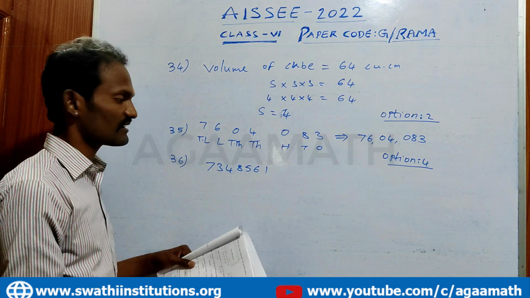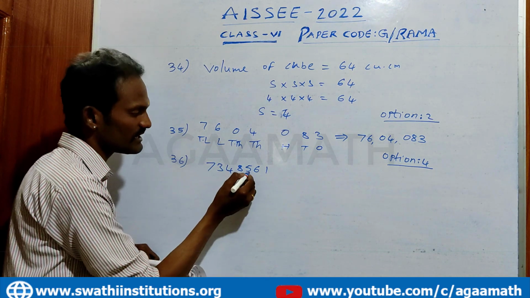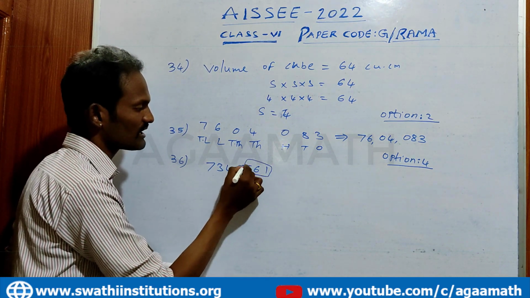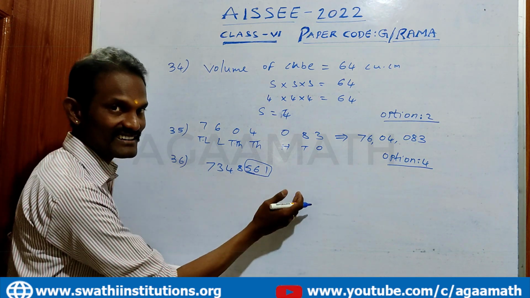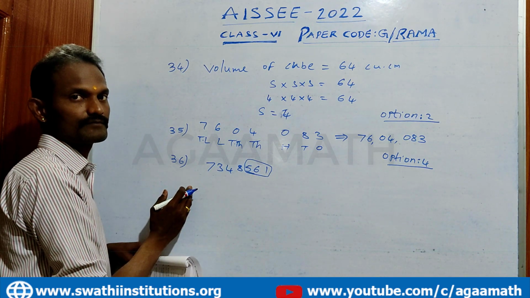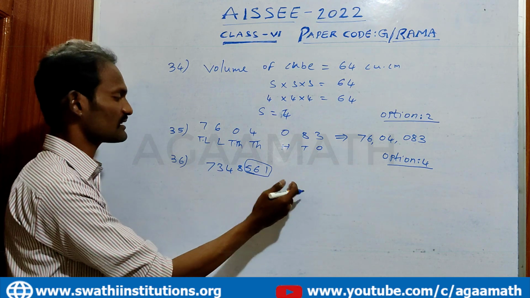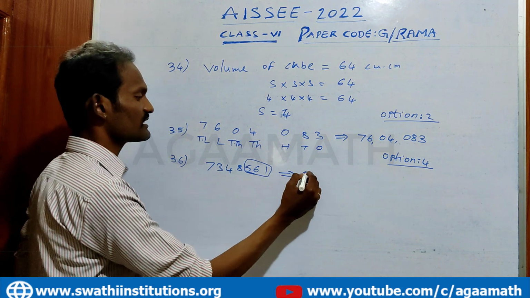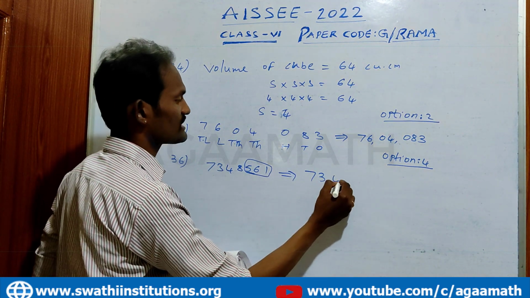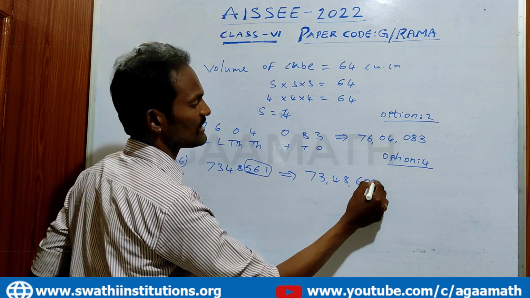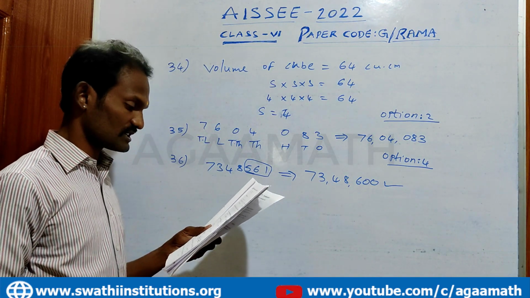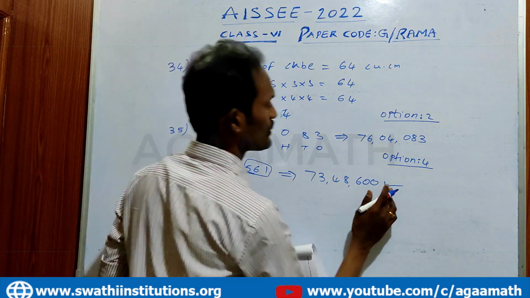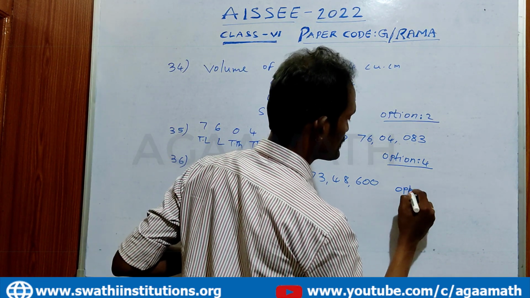Now nearest 100, so you have to look at the hundreds. Means you have to look at this number. 561 is closer to 600 or 500? It is closer to 600. So when I round that, it becomes 73 lakhs 48,600. So this is the answer. The option is 2, so option 2 is the right answer for this.